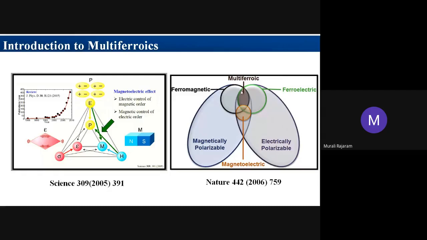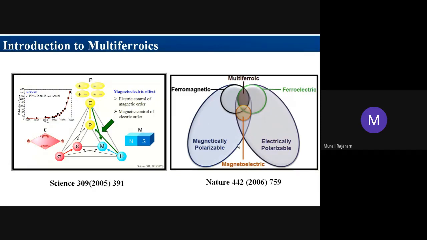The Venn diagram: this is called magnetically polarizable materials, within which is a class of materials called ferromagnetic materials. You can have antiferromagnetic or paramagnetic in this region, or ferrimagnetic.